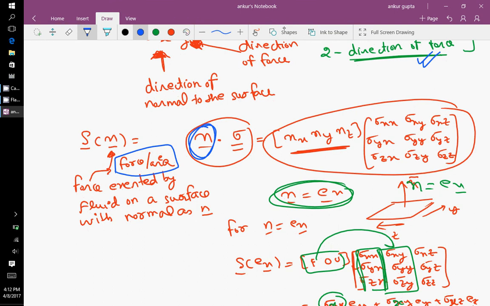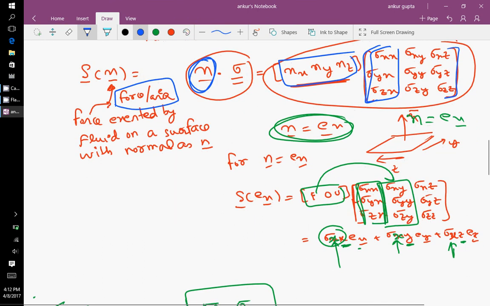If you have been given nx, ny, nz, and if you have the entire stress tensor, you can multiply piecewise each element and then add them to get the x component. You have done these multiplications in your mathematics course, so please go ahead and try this yourself.